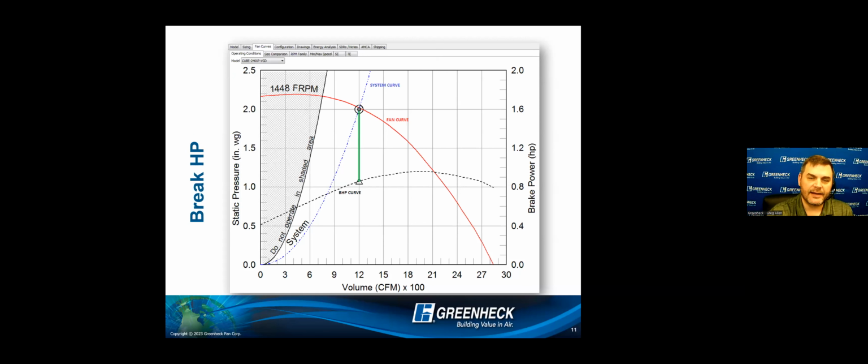What I got to do is take a line from my operating point and draw it down or up, wherever that brake horsepower curve is fit onto this graph, until I hit that curve. And then I need to pull across my secondary axes. In this scenario, I'm moving about 0.85 brake horsepower to move that 1200 CFM against 2 inches of static pressure.